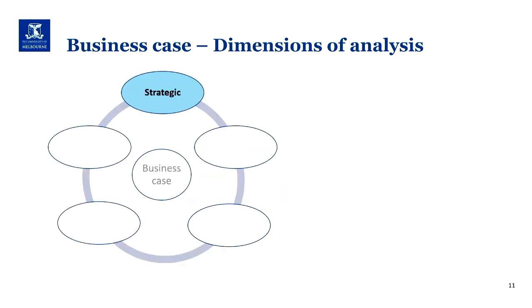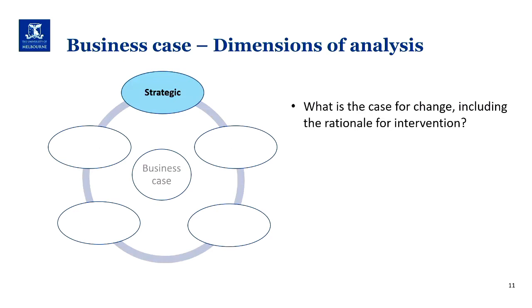Last lecture, we were talking about the strategic part, the strategic analysis of the business case. It answers questions like: what is the case for change, including the rationale for the intervention? What is the current situation, and what is to be done?